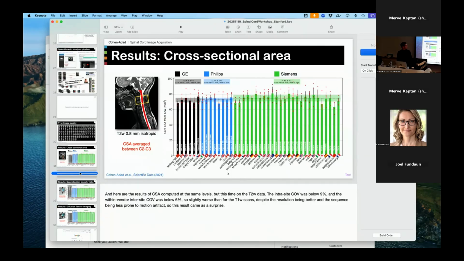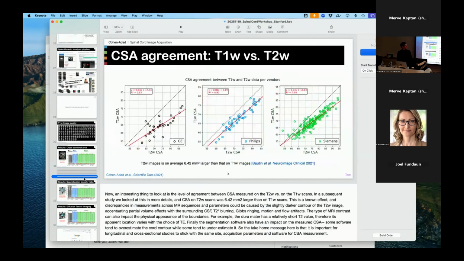And what's interesting to look at then is the T1 versus T2 bias. There is a paper on that. But in general, the T2 weighted images show a larger cord than the T1 weighted. Obviously, these are the same cords, right? So it's just a question of the algorithm capturing a different definition of the cord boundaries.